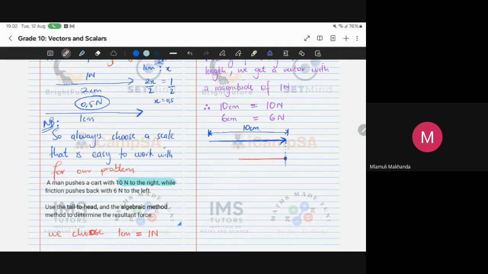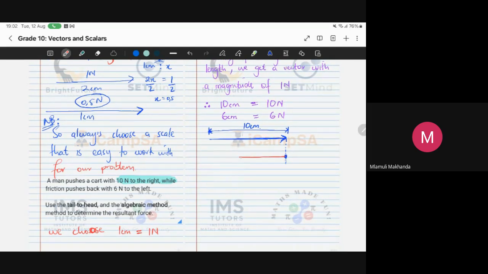If you do with your ruler, you will notice these two lines will not be of equal length. Why? Because this one is 10 centimeters and the one I just drew now will be 6 centimeters. So there's no way they should be of the same length. Right. Then this would be 6 centimeters.